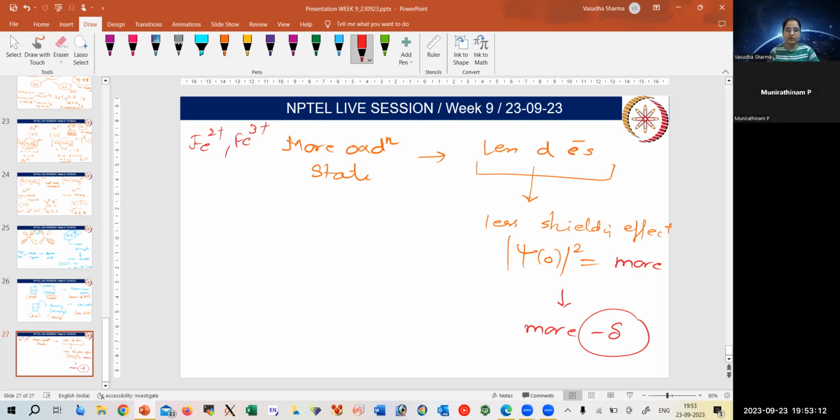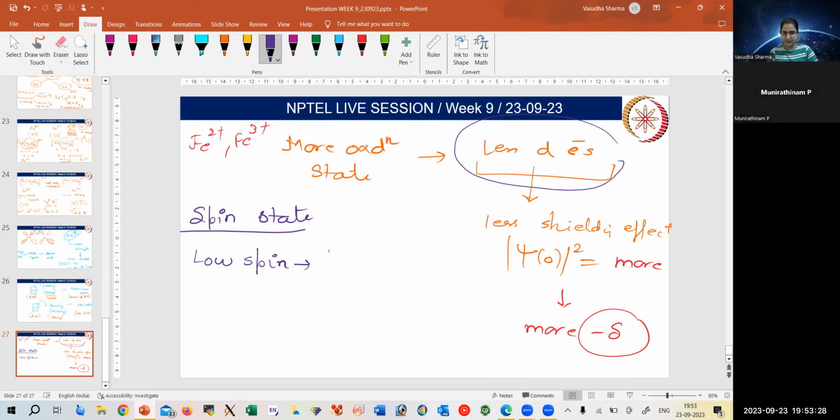Clear, ma'am. Okay. Now I'm not talking about the oxidation state, but I'm still talking about the d electrons. In case of the spin state, if I have low spin, that means more acceptor ligands, that would give me fewer d electrons, and therefore, same concept, psi square would be more, so it would be more negative.